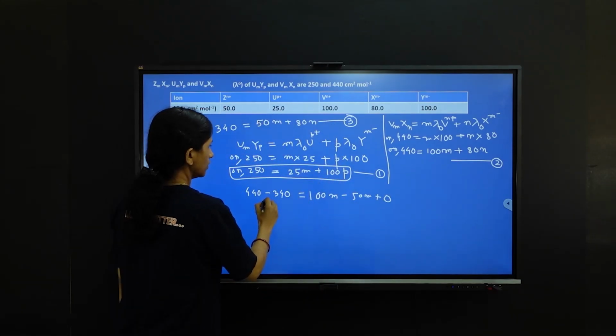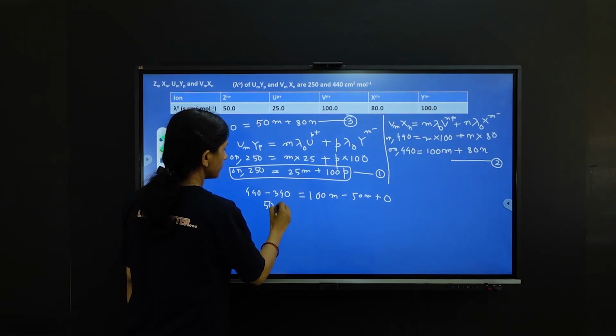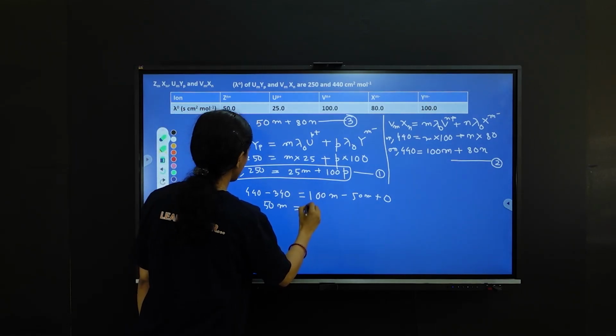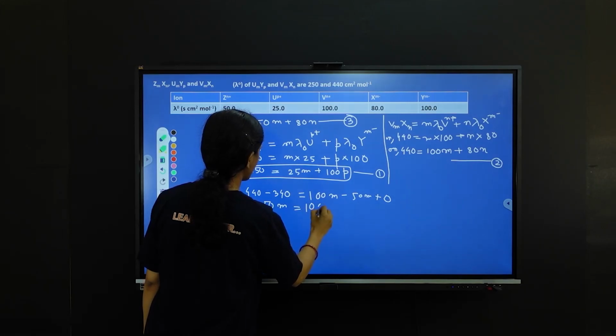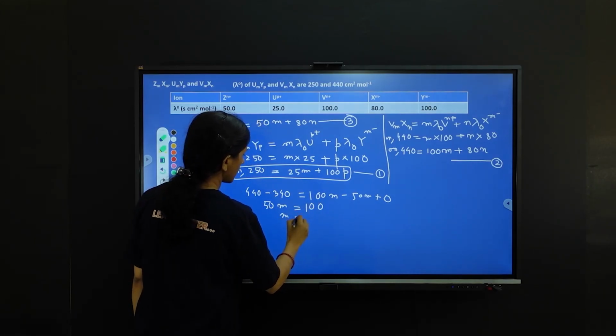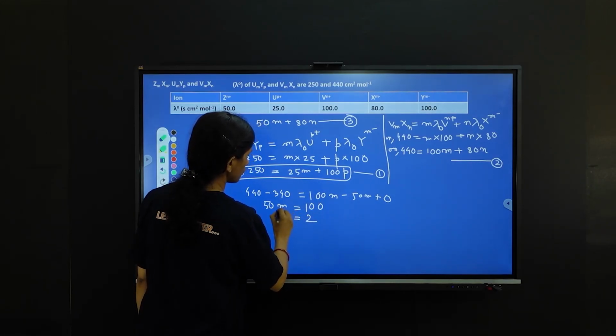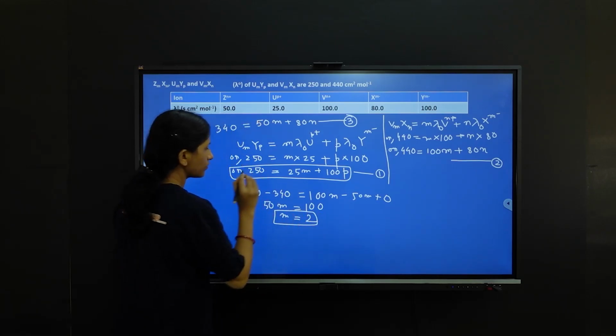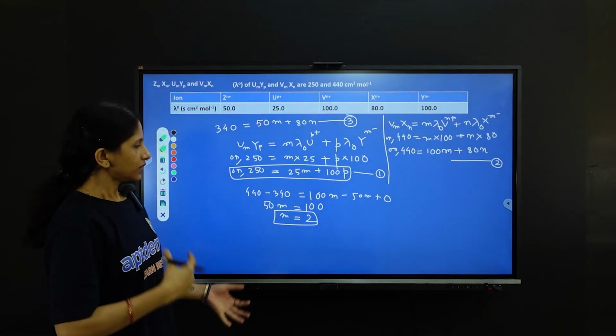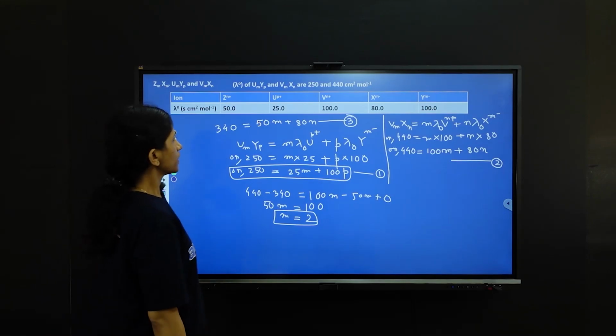So 50m is equal to 100. So m has come out as 2. Now our m value has been calculated as 2.